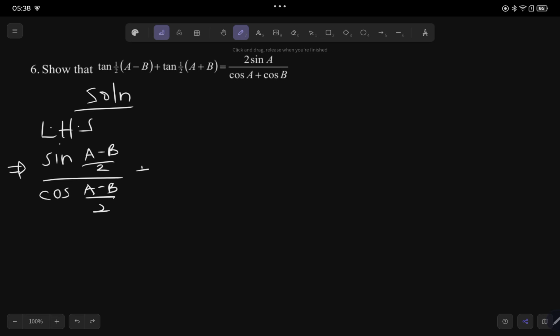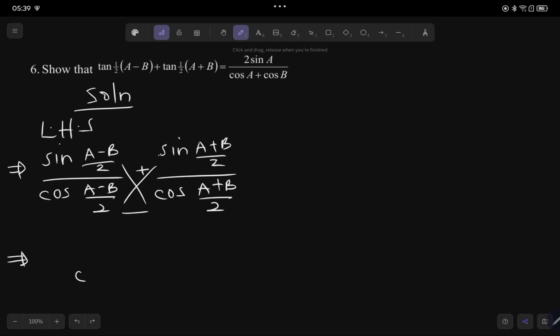The same thing will apply here, sin of a plus b over 2 over cos of a plus b over 2. We shall have the LCM, or you can simply cross multiply cos of a plus b over 2 times cos of a minus b over 2.